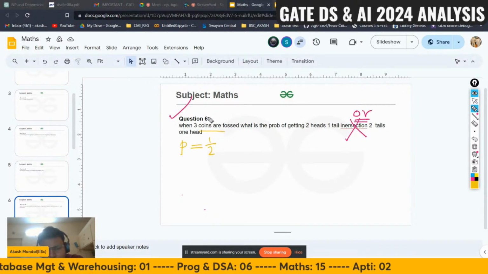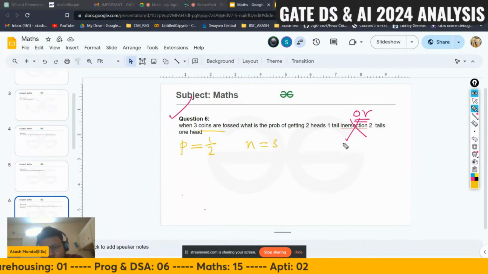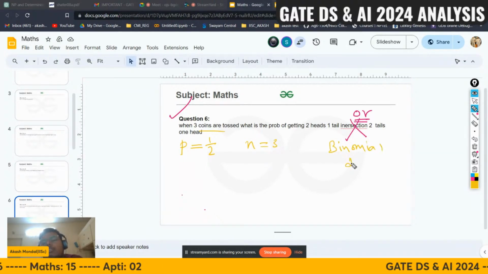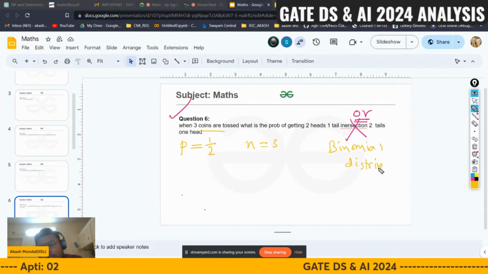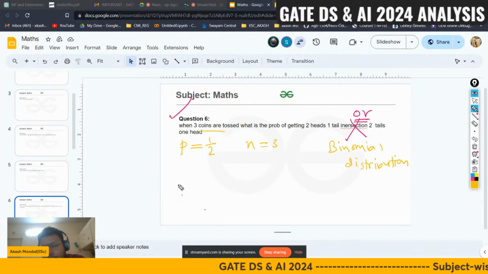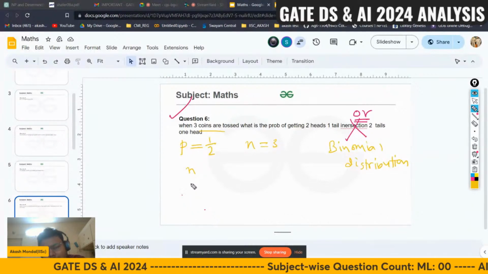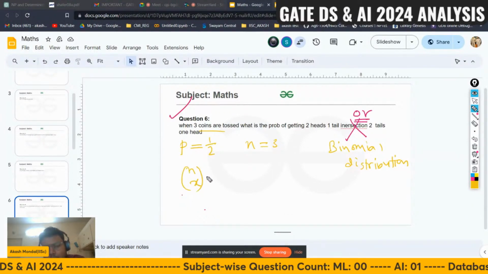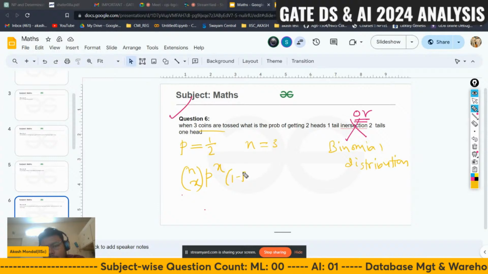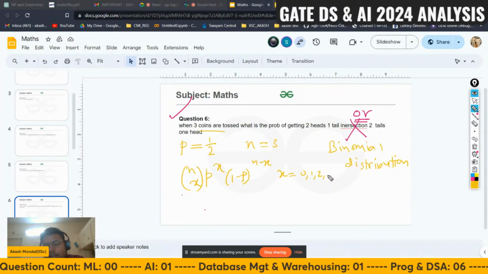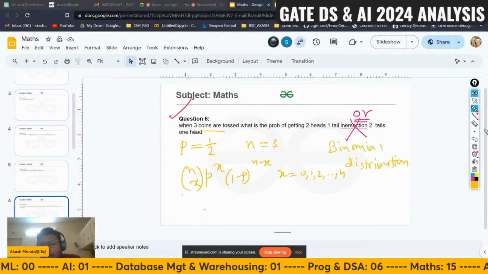Again, you are tossing the coin 3 times, so n equals 3. So this question again is from binomial distribution. If you know the formula, you just need to plug in some values and you will get the answer. So simple question. I just wrote the formula for the binomial distribution, which is n choose x, p to the power x, 1 minus p to the power n minus x, where x can vary from 0, 1 to n, taking n plus 1 possible values.